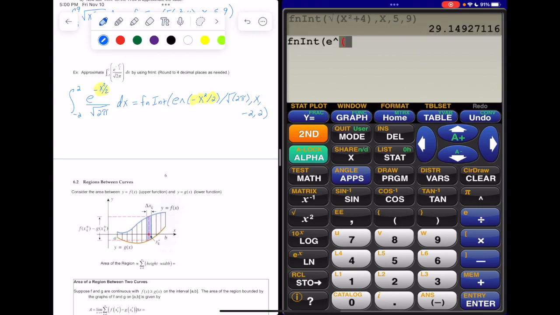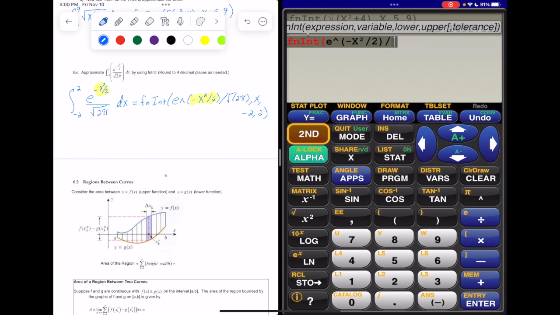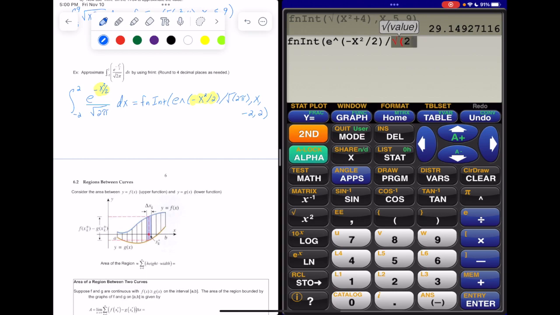Then for the open parentheses, and then don't hit subtraction, hit the negative key, the one below the 3, and then x squared divided by 2, and the parentheses on our exponent, divided by the square root of 2 pi, and the parentheses on the square root, and then comma, x is our variable, comma, -2 is our lower boundary, comma, +2 is the upper boundary.